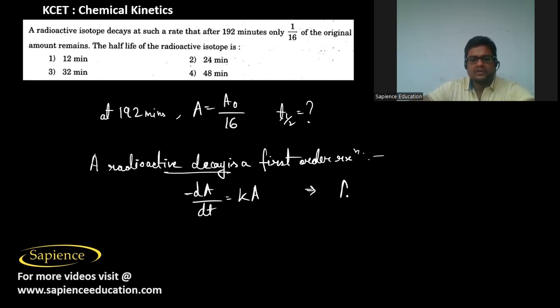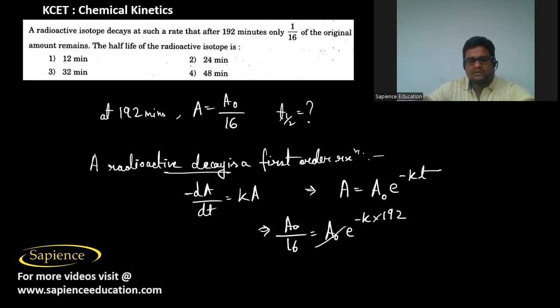Therefore we will have A equals A naught e power minus Kt. It is told that A naught by 16 is A, and that is A naught e power minus K into 192 minutes. Therefore we can say that ln 1 by 16 is equal to minus K into 192.